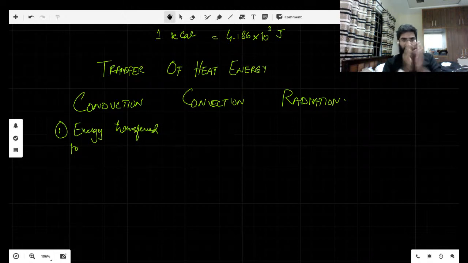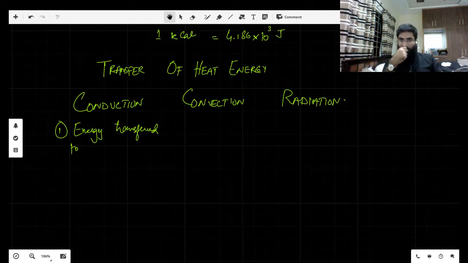If the atoms are packed together, it's easier for one molecule to pass on the energy to the next molecule. If the atoms are far away, or arranged in a way in which there is less energy transfer from one molecule to the next, those substances would be labeled as insulators, since heat is not passing off.